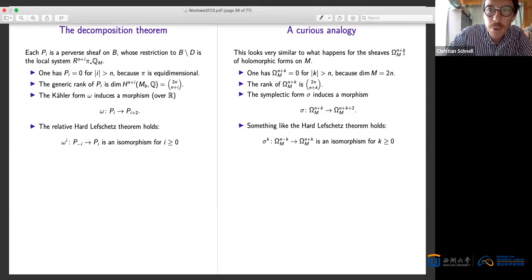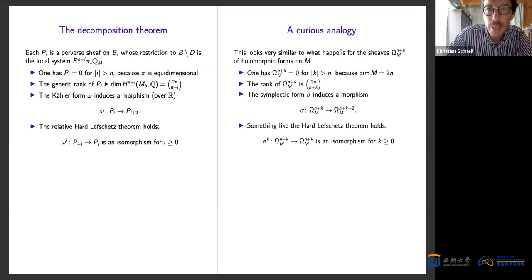So if I center them around the middle one again, I can write them as omega n plus k, and then k can go from minus n to n, from 0 forms, which are functions, all the way to top forms, which are 2n forms. And so omega M n plus k is again only 0 in this particular range because M has dimension 2n.